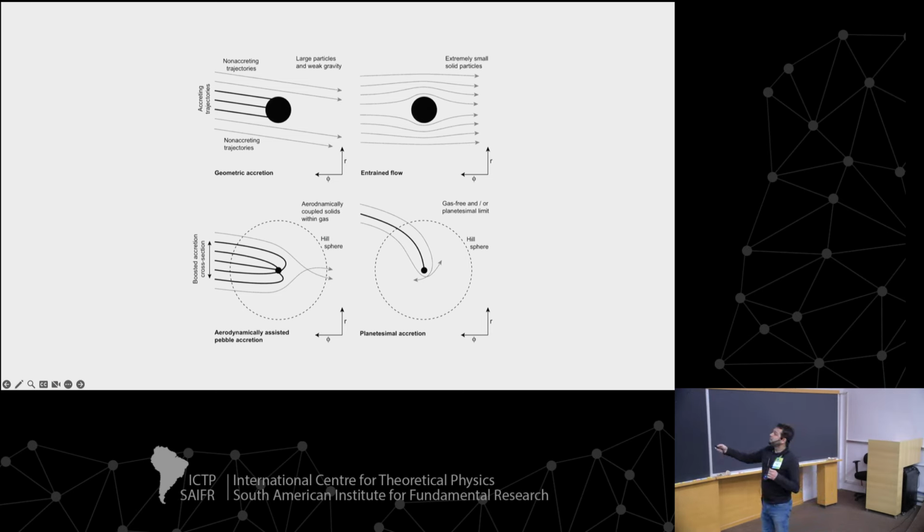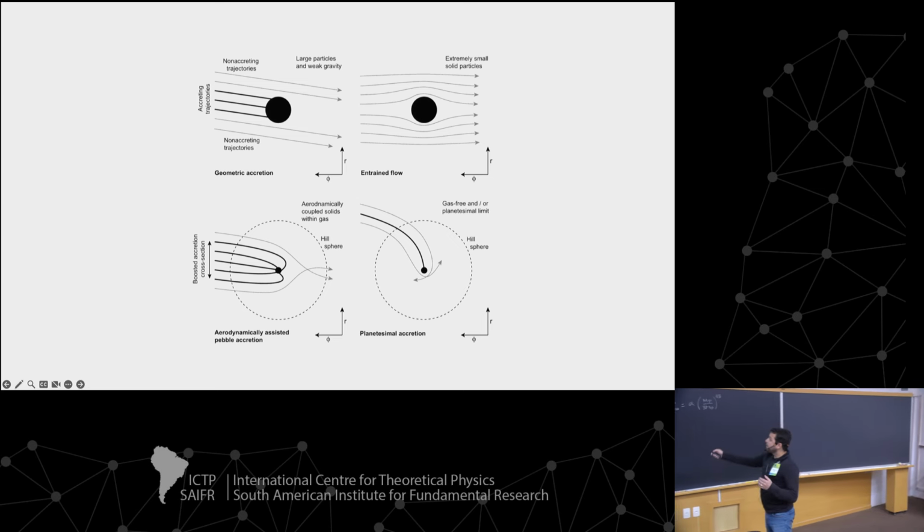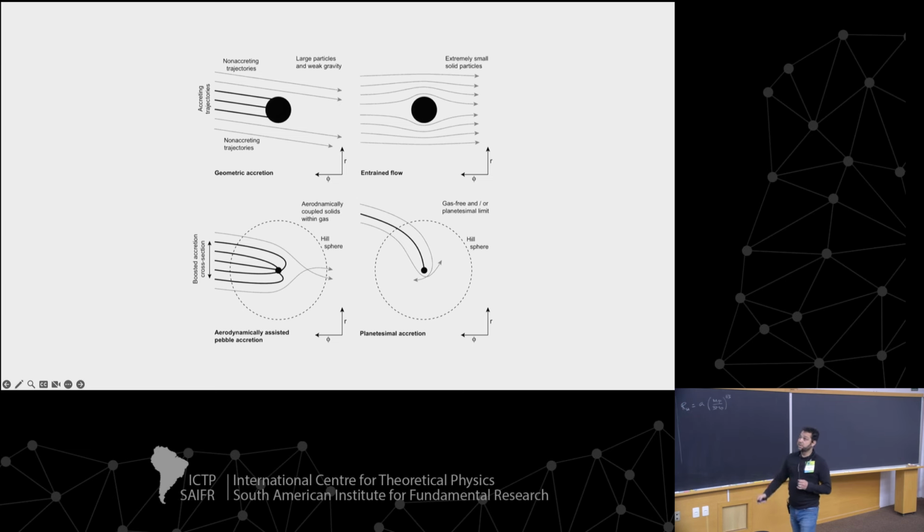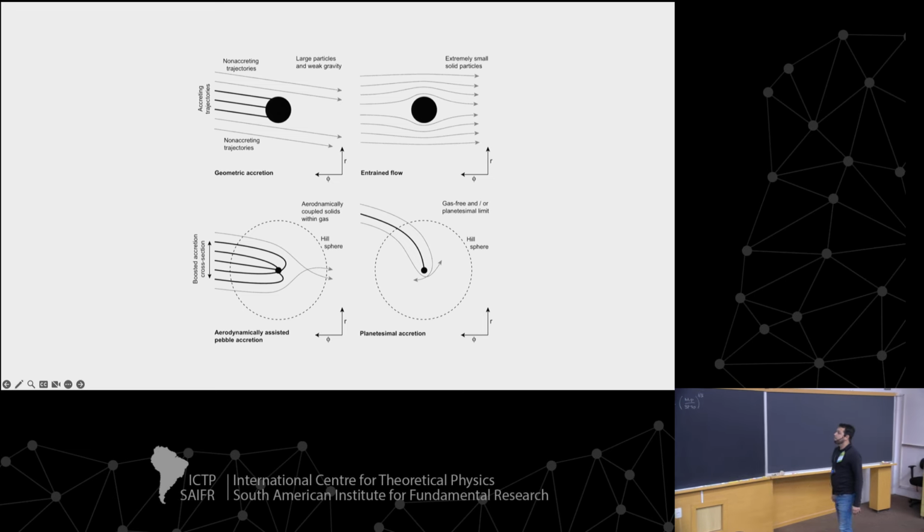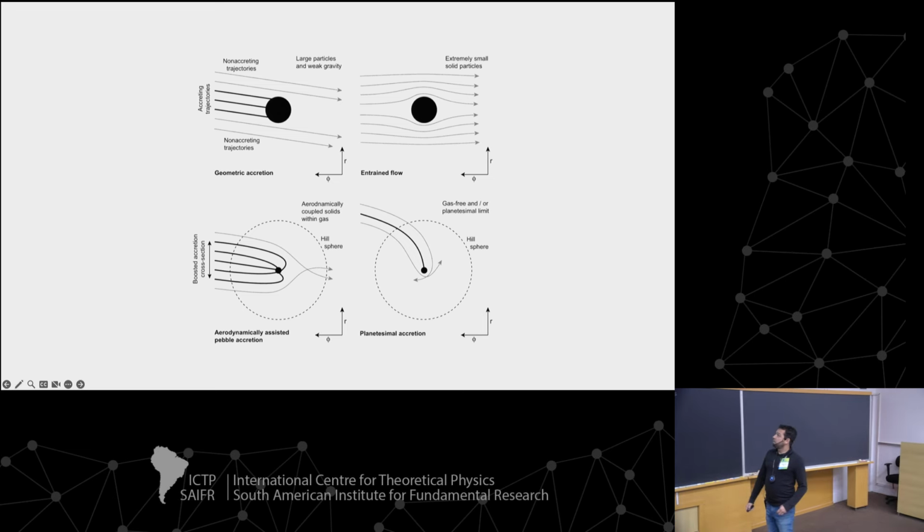And then you have here an optimal case, where the pebbles are entering the Hill sphere, and the ones that are within this cross-section will be accreted by the planet, and the ones that are not will be just scattered away. So that is a case where the accretion rate will be larger.